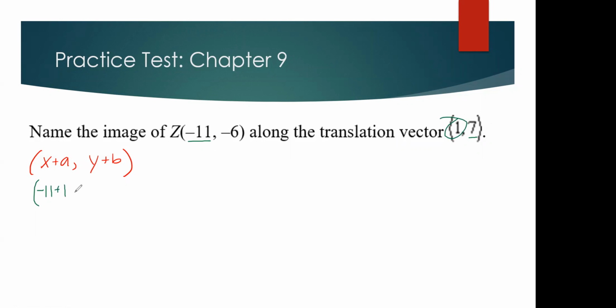Sorry about that. Okay, and then we have the Y value as -6 plus the B value, which is 7, okay, of your vector. So then -11 plus 1 would be -10, and then -6 plus 7 would be +1. Okay, so this would be our final answer.